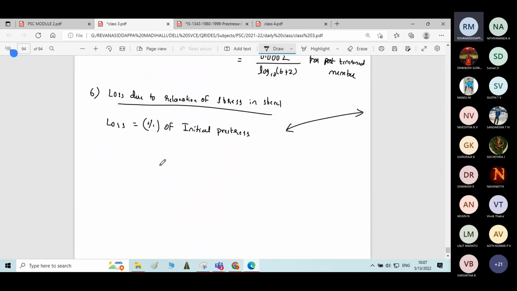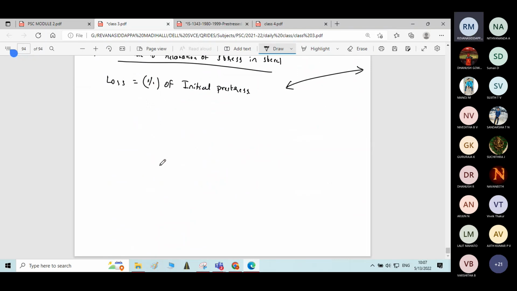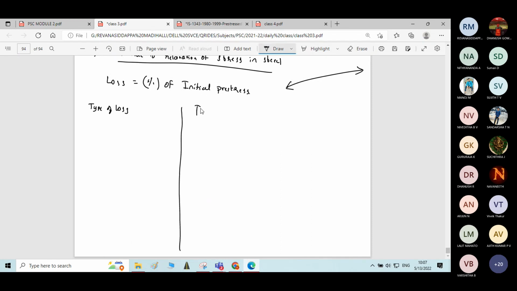Now we'll make a tabular column: type of loss, pre-tensioning, post-tensioning.